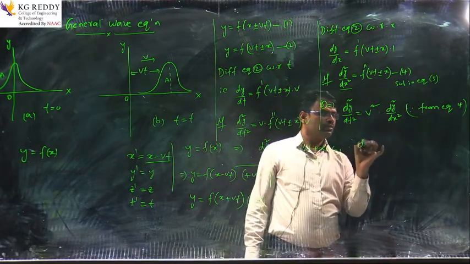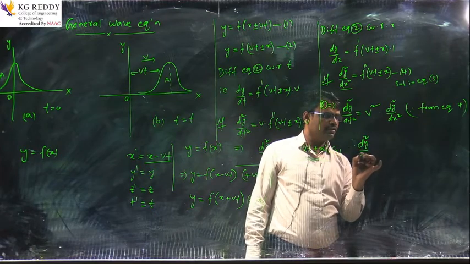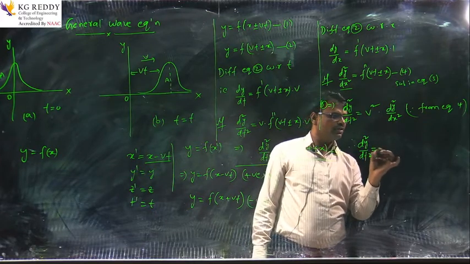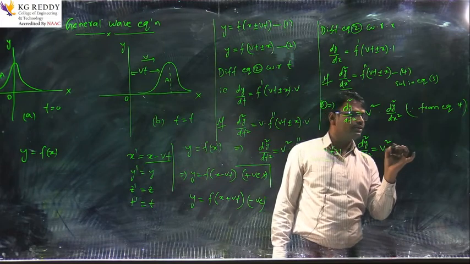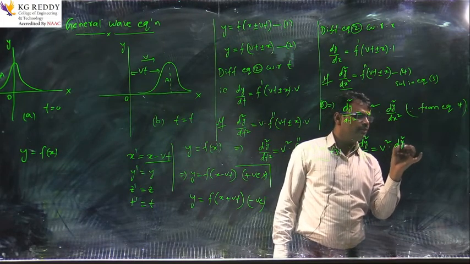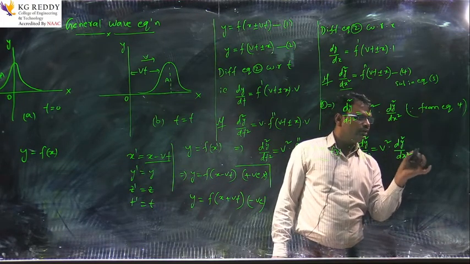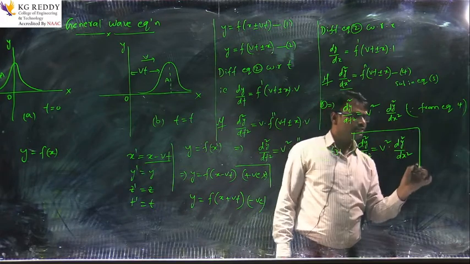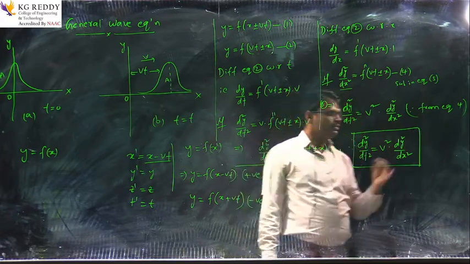Therefore, d square y by dt square equal to v square into d square y by dx square. This is called the general wave equation.